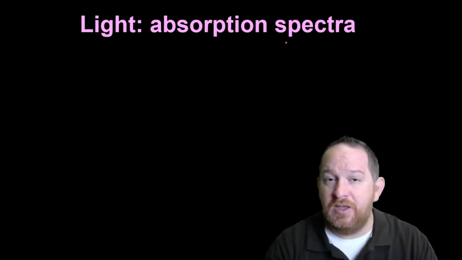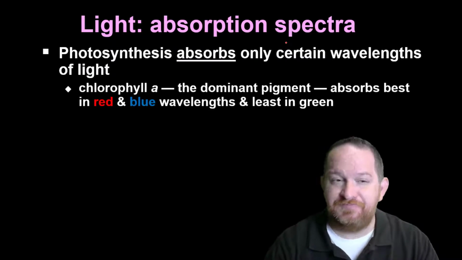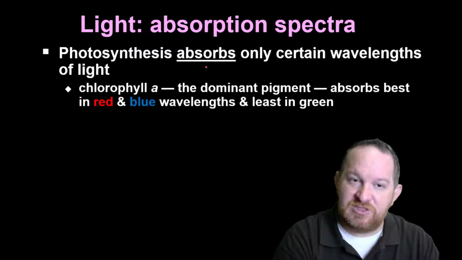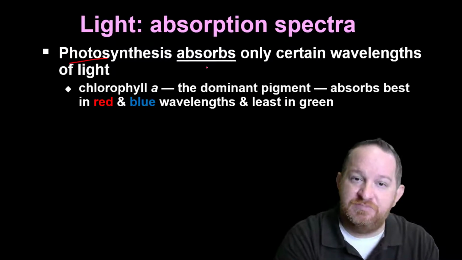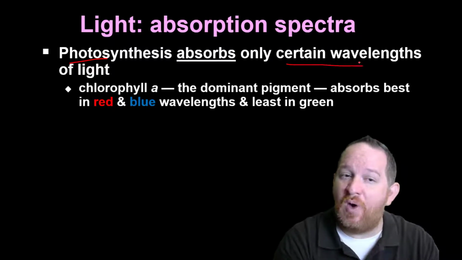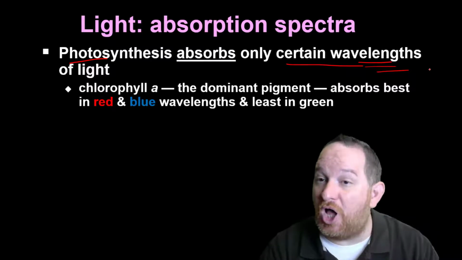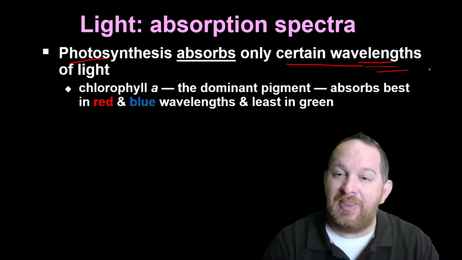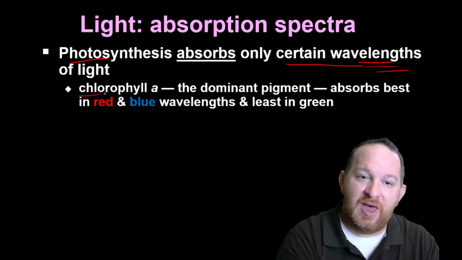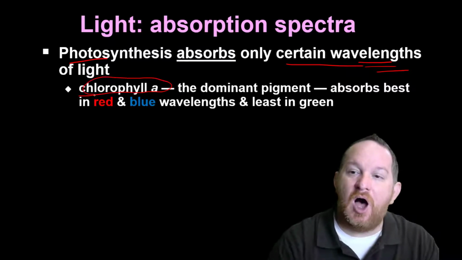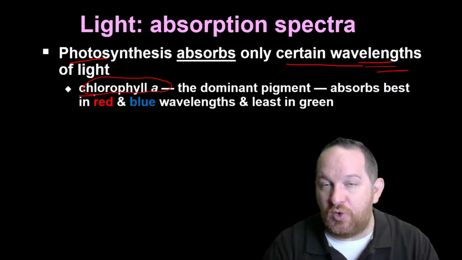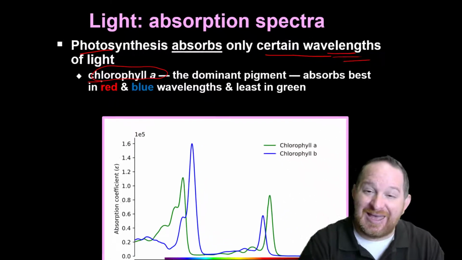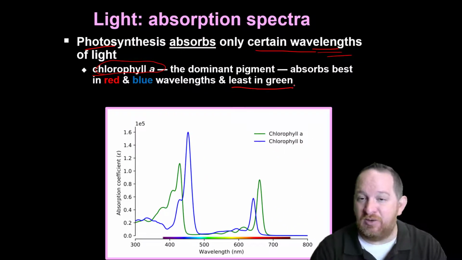So, light absorption. I mentioned in the very first slide that photosynthesis absorbs only certain wavelengths of light, or certain colors of light. And that's all because chlorophyll A, that dominant pigment, absorbs best red and blue wavelengths, and least in the green.